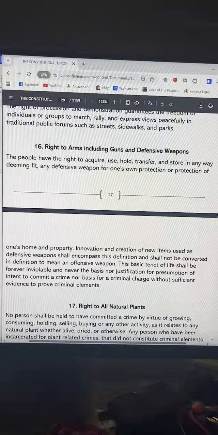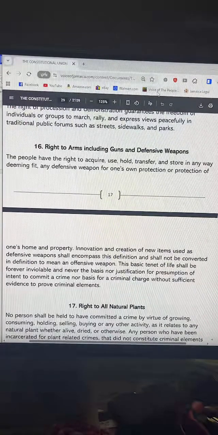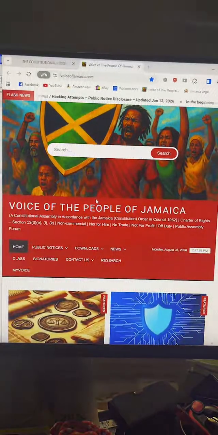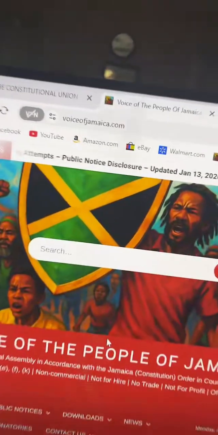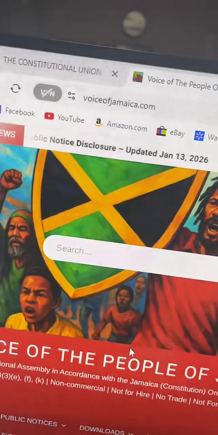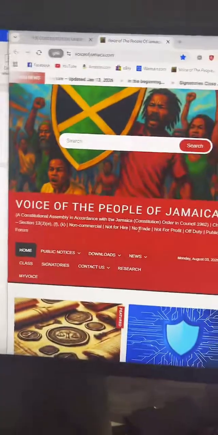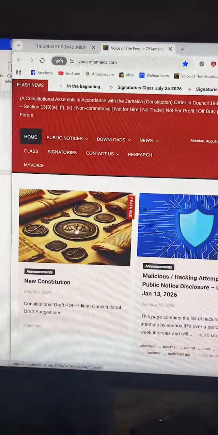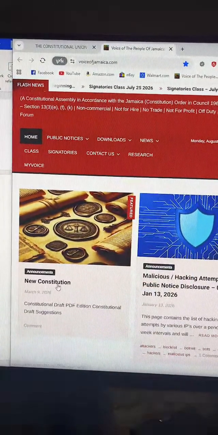All right, so for those who would like to see how you access this constitution, you go to voiceofjamaica.com. That's voiceofjamaica.com, right? And you scroll down a little bit and you see this image here that says new constitution.